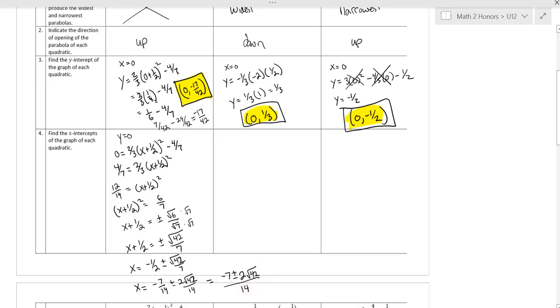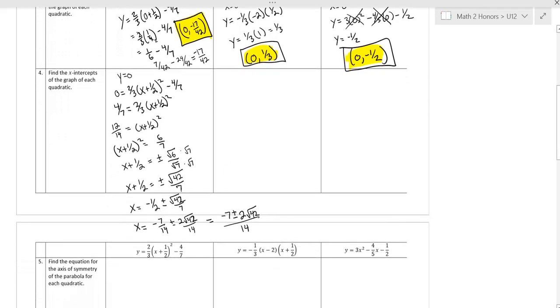So we wanted the x-intercepts, and to finish this off, an x-intercept's a point, so one of them is going to be, I'm sorry, your x value first, so negative 7 plus 2 root 42 over 14, comma 0. There's one of them. And the other one's going to be negative 7 minus 2 root 42 over 14, comma 0. That's your second.